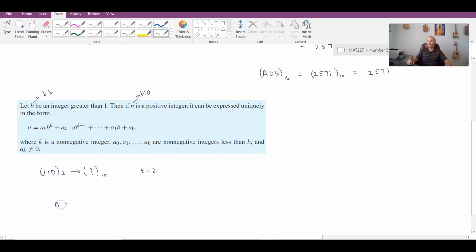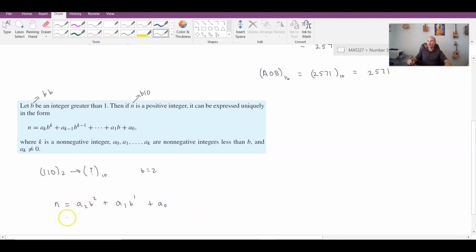Well, what we're going to do is say n is equal to a sub k, that's the number of groupings that we have. So in this case, this is going to be a sub 2 times b squared plus a sub 1 times b to the first plus a sub 0.